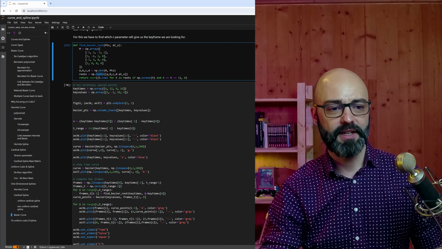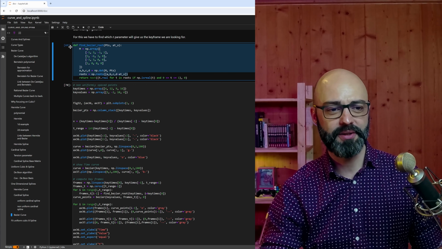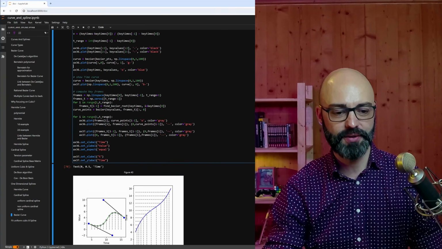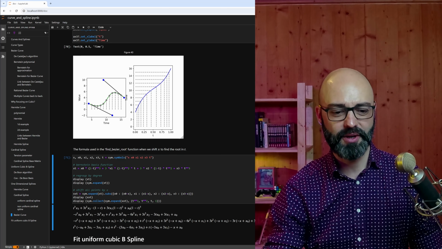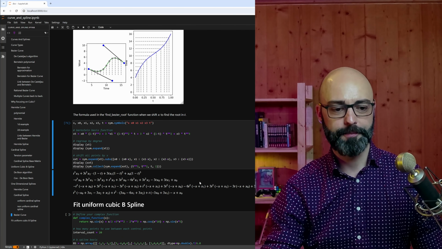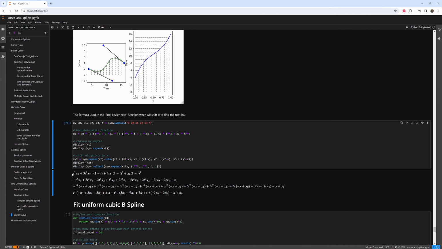And to understand what's happening here and how we compute this, I can go through the mathematics again with SymPy. If I start with the Bezier function as usual, so that's the Bezier computed with the Bernstein basis function, and I expand it all, that's how you compute the entire function based on x0, x1, x2, x3, and so on.